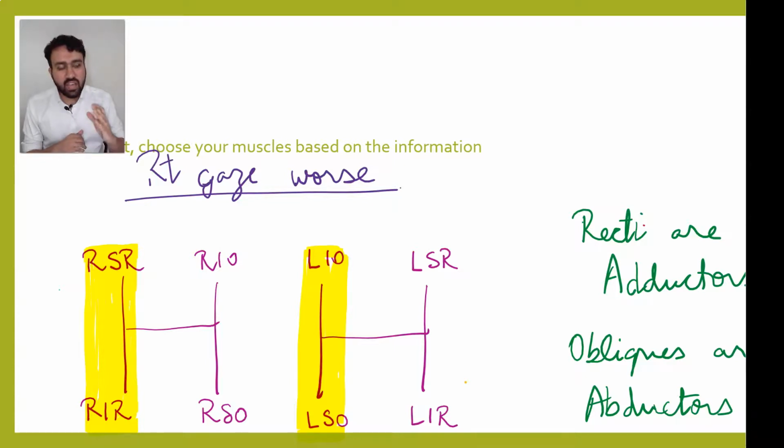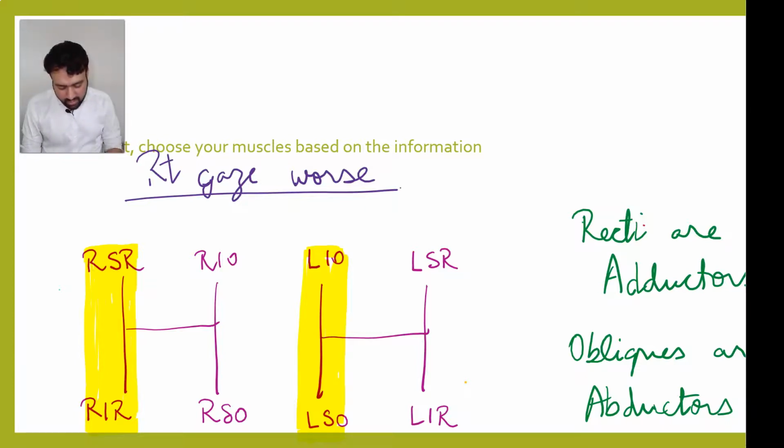So when the eye is in the right gaze, for the right eye it is abduction. Now recti are the muscles whose vertical action is maximum in abduction. So if for the right eye, the right gaze is causing an increased hypertropia, that means that the recti are involved.